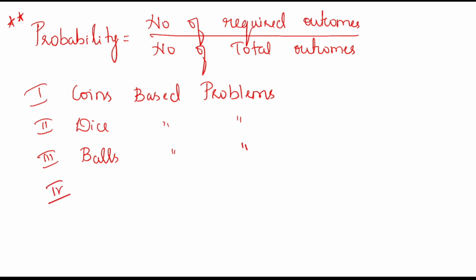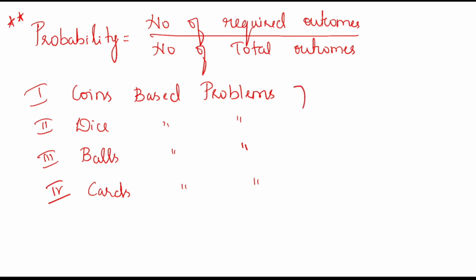And the 4th type are cards based problems. Cards are nothing but playing cards, the cards we play. In a 52 pack of cards, when a card is drawn, what is the probability of getting a jack, or a queen? Those are categorized as cards based problems.